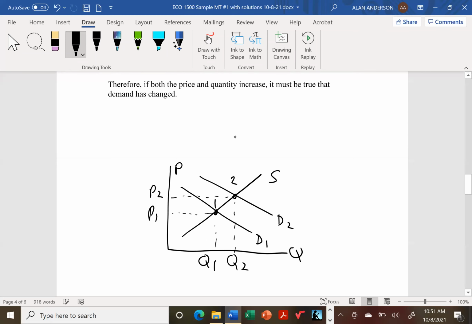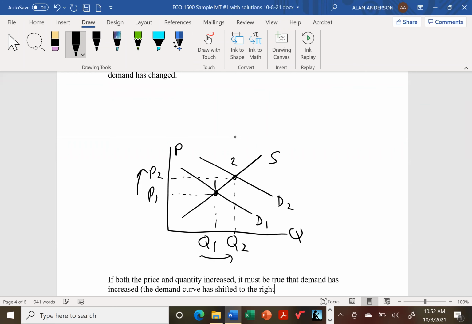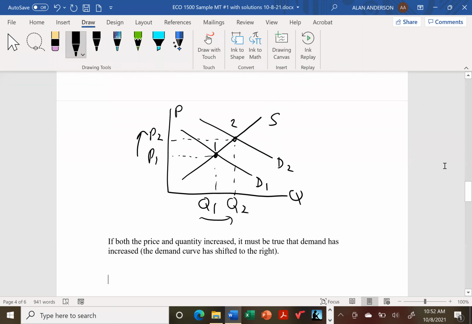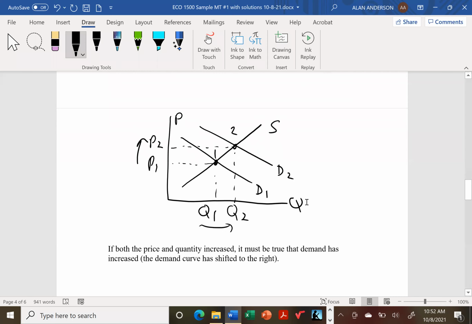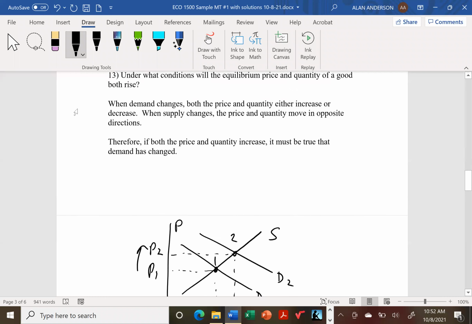Point 1, point 2, and yes, our suspicions are confirmed here. So this means that if both the price and quantity increased, it must be true that demand has increased. Or in parentheses, the demand curve has shifted to the right. All right, so therefore, the answer is demand has increased. And that's all you really need.